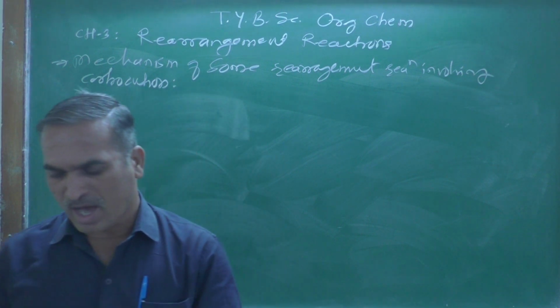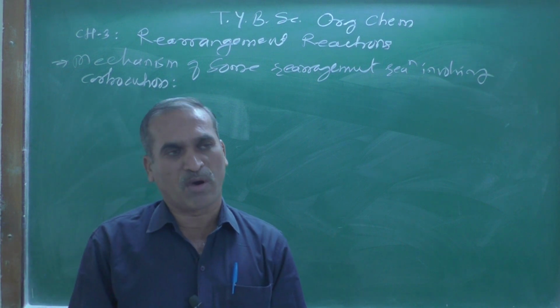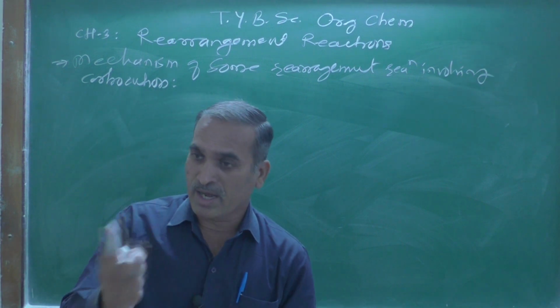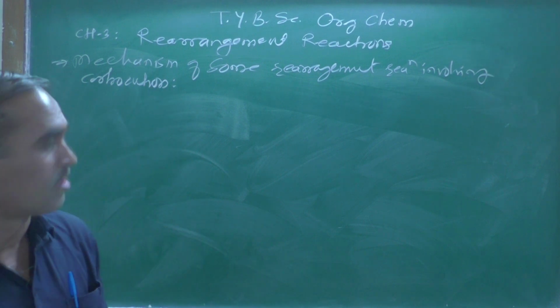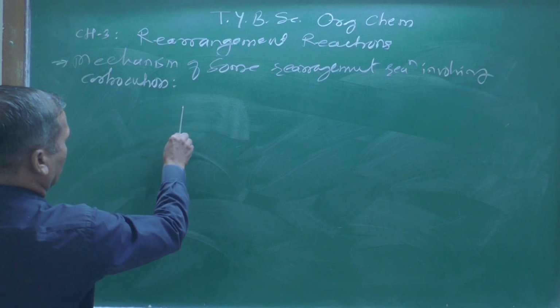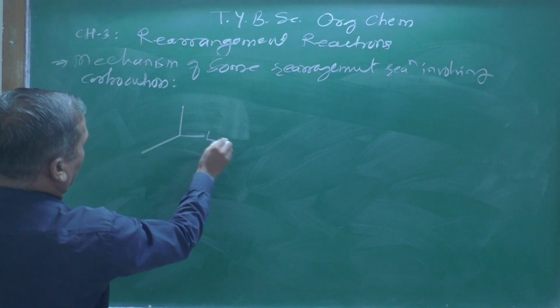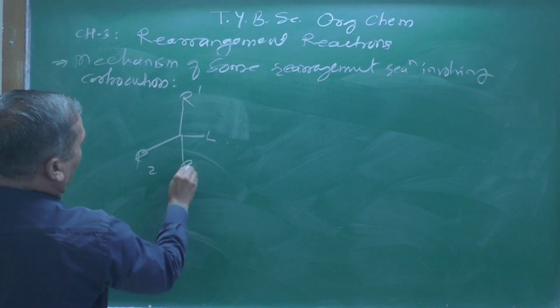When alcohol or halides, the good leaving group, are removed from the molecule, a carbocation is formed. Halides are good leaving groups, as we know. Suppose we have this type of compound: here is a good leaving group L, then R1, R2 and R3.